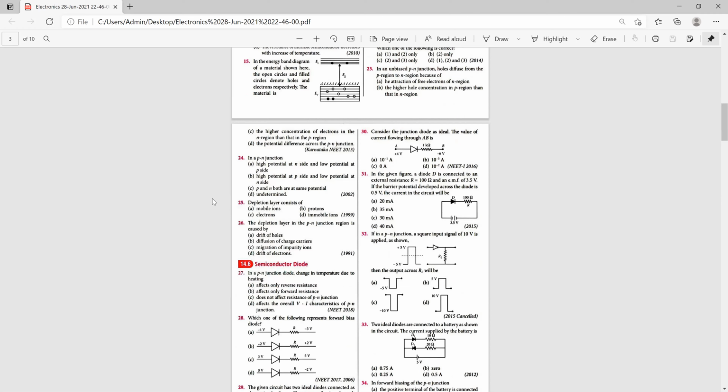When we observe all four options, the higher hole concentration is in P region than in N region. Therefore, for the 23rd one, option B is the right answer.